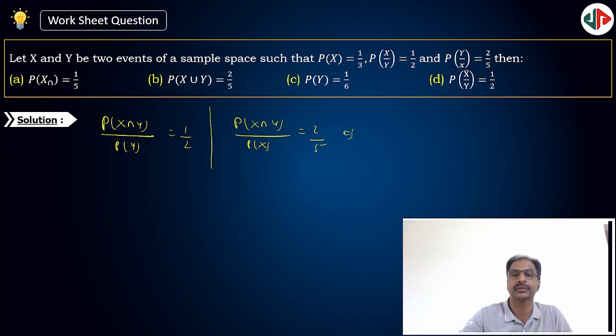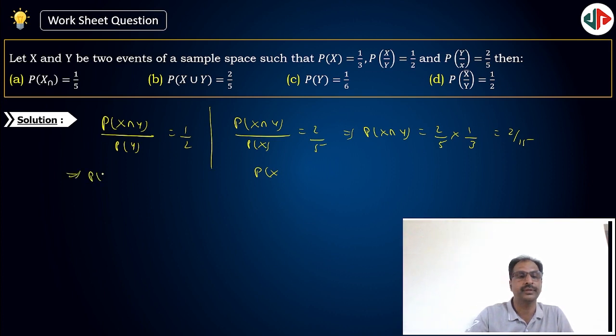From this, P of X intersection Y is equal to 2 by 5 into P of X, which is 1 by 3, 2 by 15. From this, P of Y is equal to 2 times P of X intersection Y, that is equal to 2 times 2 by 15, which is 4 by 15.